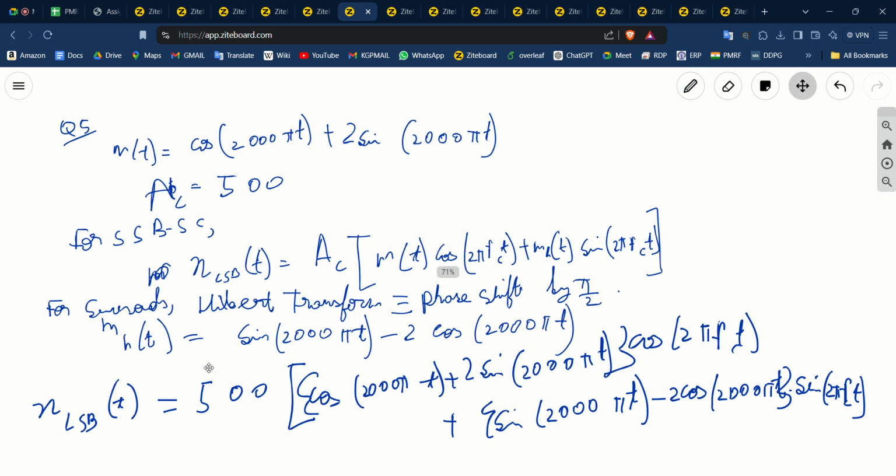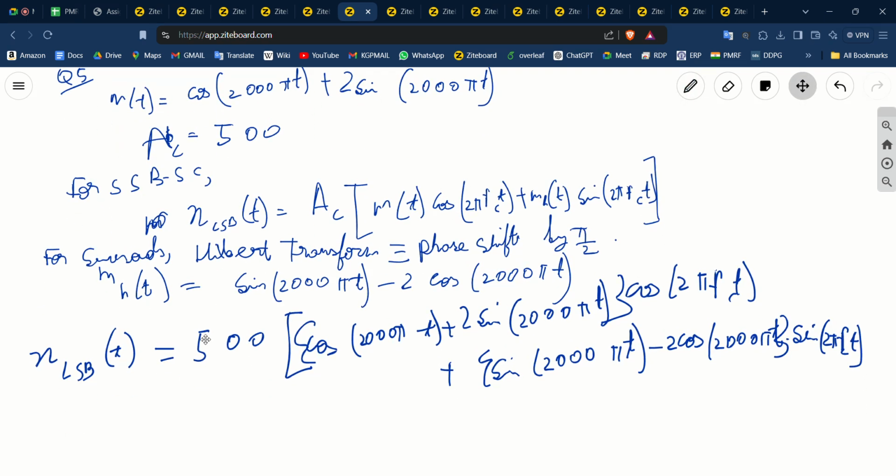Okay, now once that is done, you multiply. So we have cos 2000 pi t cos 2 pi f_c t, and so on. We have four different terms.